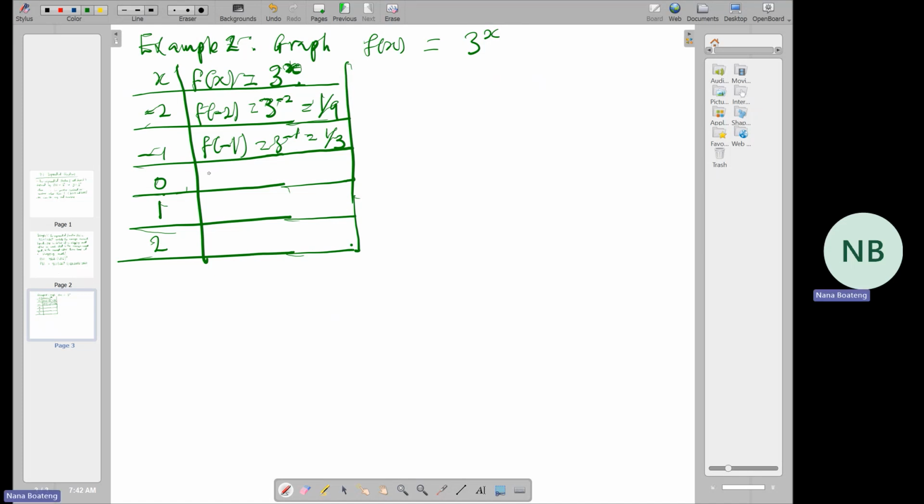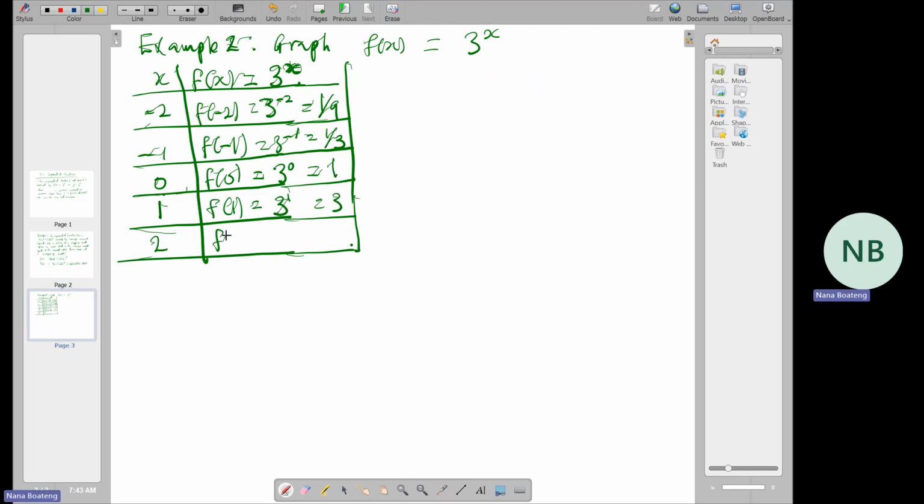And f of 0 is equal to 3 power 0, which is equal to 1. F of 1 is equal to 3 power 1, which is 3.